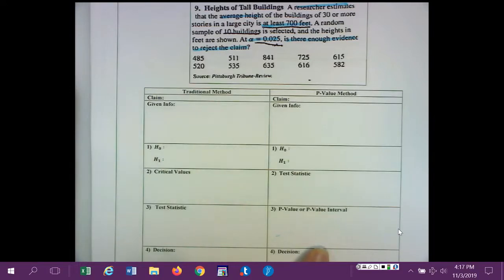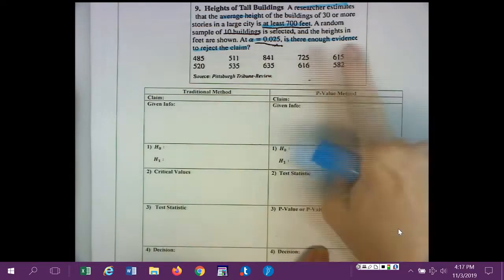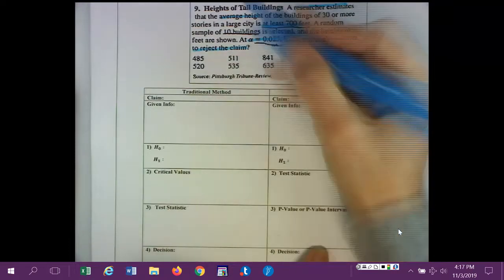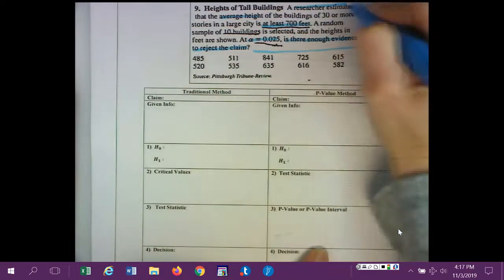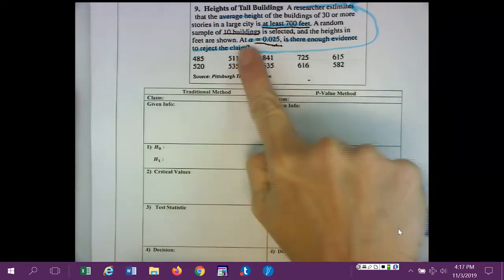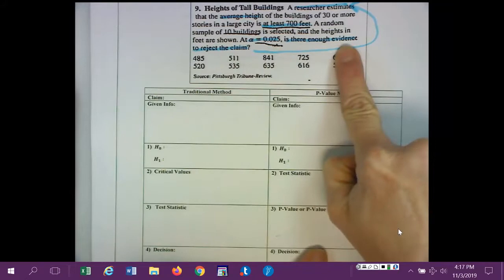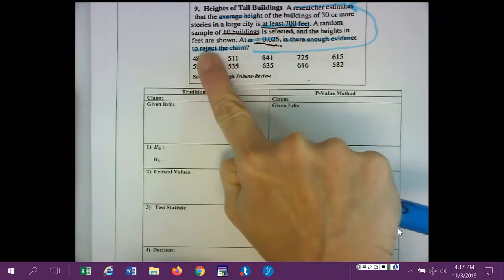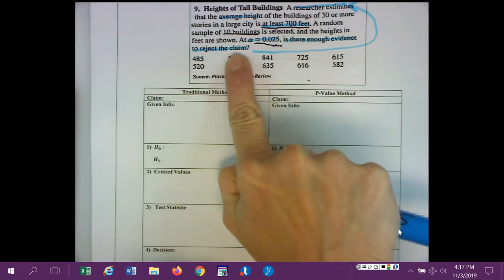The only claim that this particular sentence can be referring to is that of the researcher. Nowhere does it say, is there sufficient evidence to support the claim that the average height is less than 700 feet.